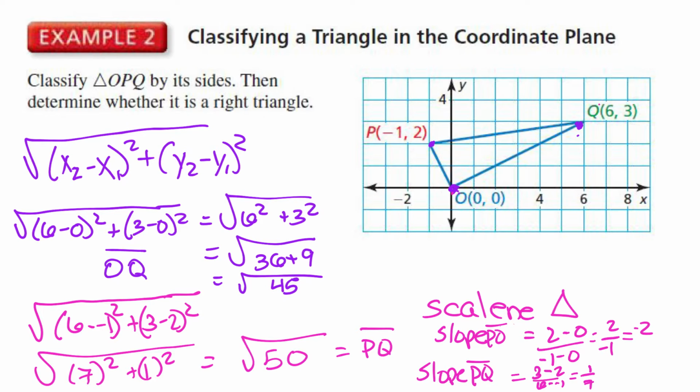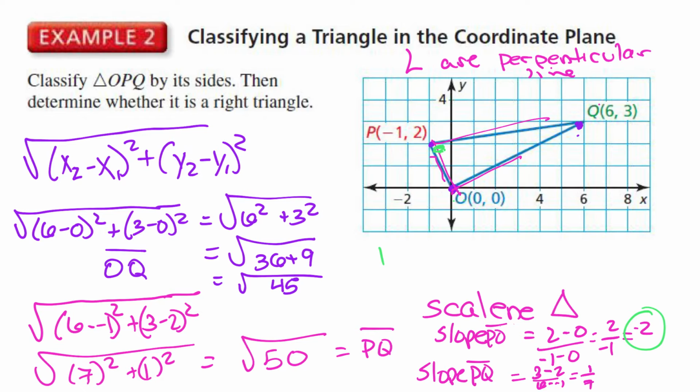So the only right triangles are those with perpendicular lines. So we need to determine if this is perpendicular to this or this is perpendicular to that line. You know that this is not a right triangle over here, but we can now look at OQ versus PO. Well, we already know the slope of PO is this.